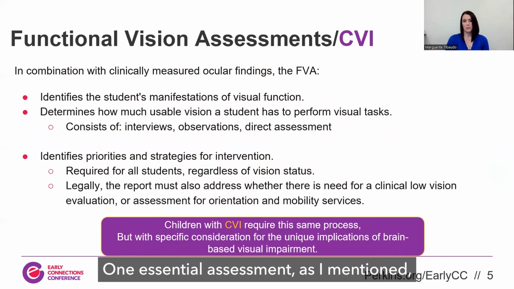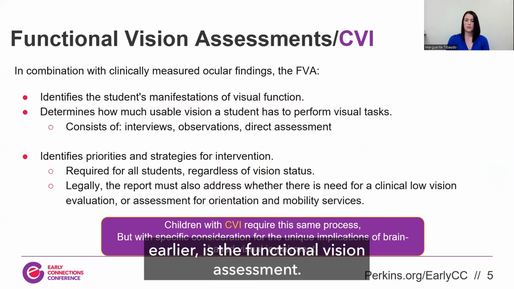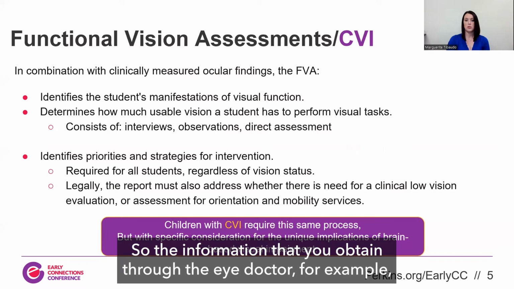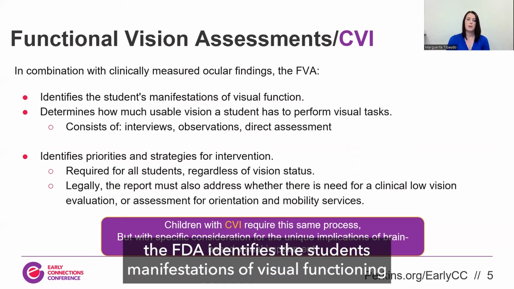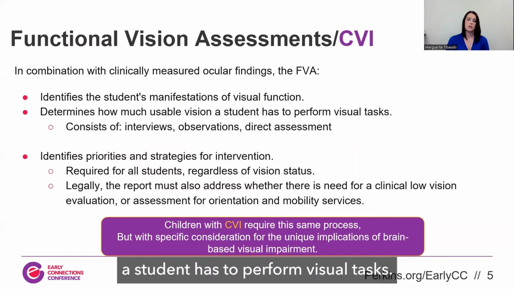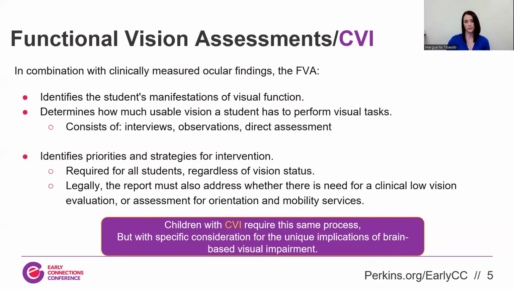One essential assessment, as I mentioned earlier, is the functional vision assessment, so around CVI. In combination with the clinically measured ocular findings, so the information that you would obtain through the eye doctor, for example, the FVA identifies the student's manifestations of visual functioning and determines how much usable vision a student has to perform visual tasks.